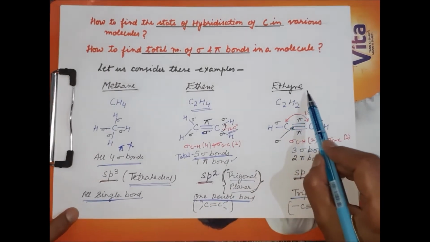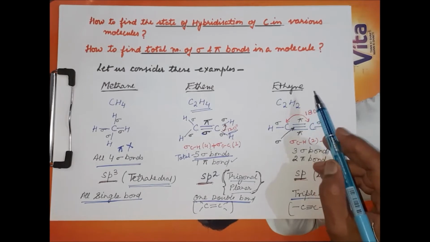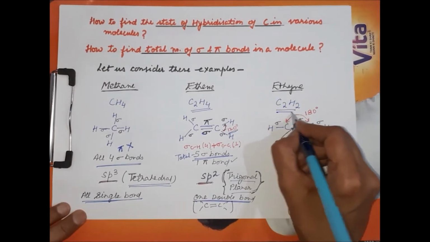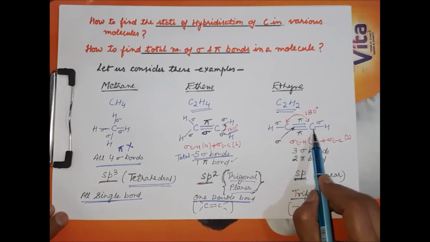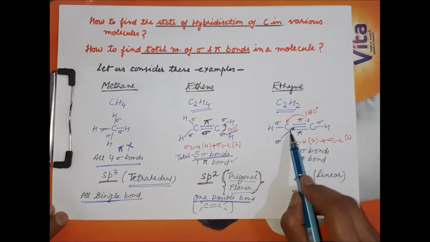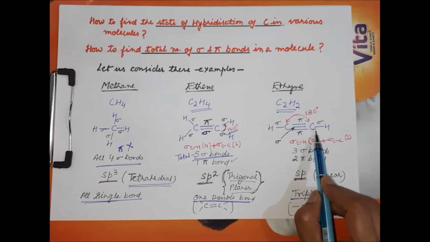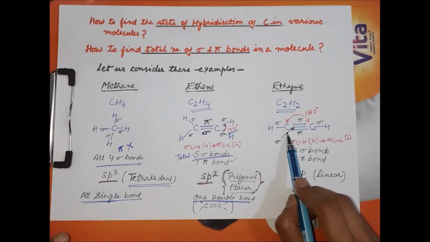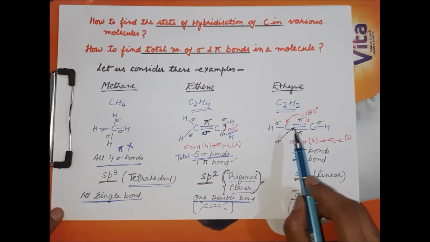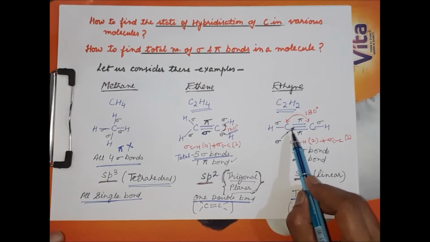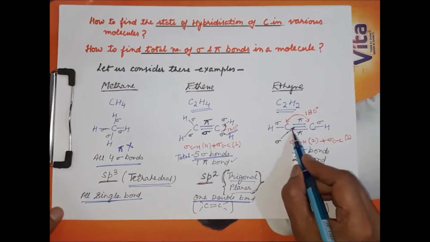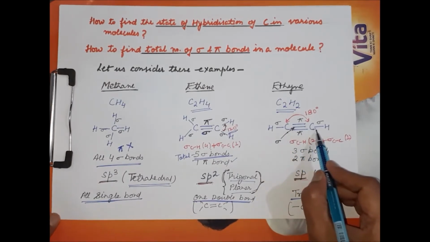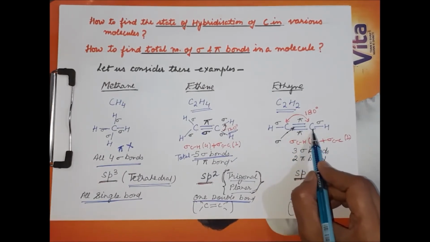Now coming to the next molecule, ethyne. It is C2H2. We can write it like this, HCCH. Between both these carbon atoms, we know carbon is tetravalent, so to complete the valency of the carbon atom, there will be a triple bond between these 2 carbon atoms.